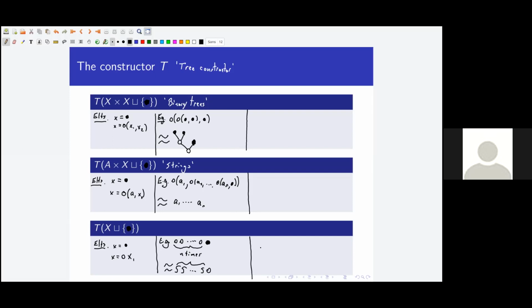And then the question is, what is the order going to be on these things? So here's how it goes. X is less than x prime if either x is a dot, 0 is less than everything, or x is a successor, x prime is as well, and altogether x1 embeds into x1 prime.